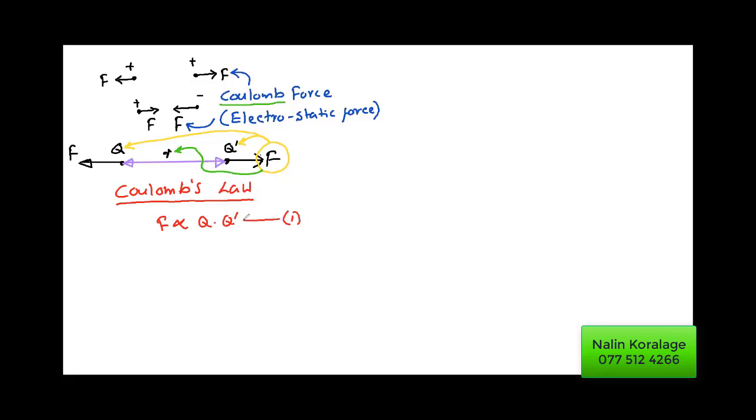Second conclusion, this electrostatic force is inversely proportional, meaning 1 over, the square of the separation between the two point charges. Separation is R, separation squared is R squared. That is the second conclusion.